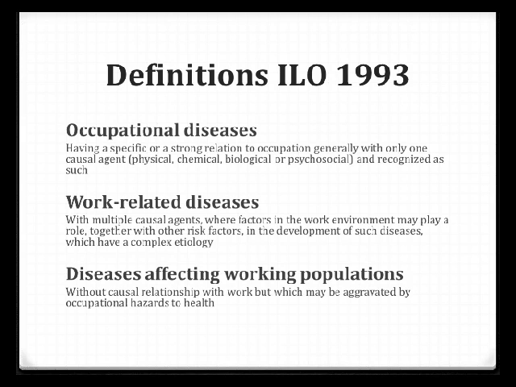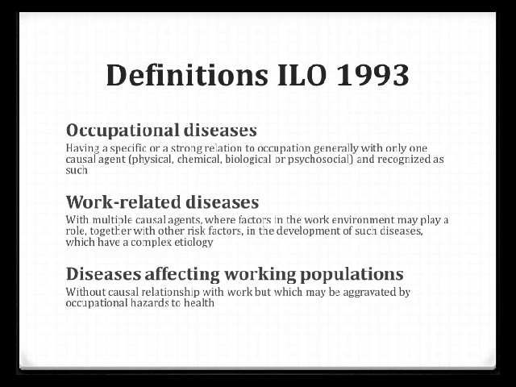We have work-related diseases where there might be multiple causal agents, where the factors in the work environment may play a role, but there may be other risk factors, whether they be still within the work environment or within the individual or the environment globally, that contribute to the development of a disease. And then we start to have some fairly complex etiology. Some of our asthma, some of our respiratory conditions can fall into this particular area.